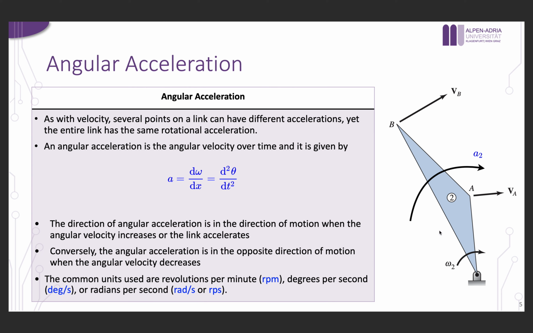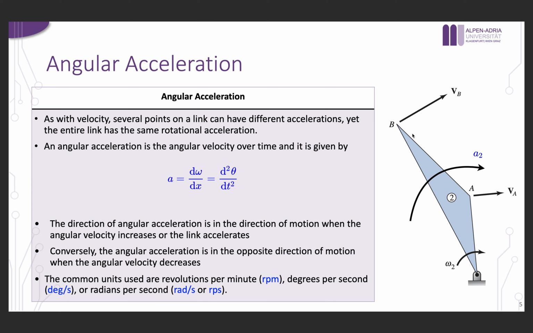So if we have a rotating link and this link starts to accelerate its rotation, in this case the angular acceleration would be in the same direction as the angular velocity. If it is in the opposite direction, that means we have deceleration in the angular velocity. So this is basically the difference.